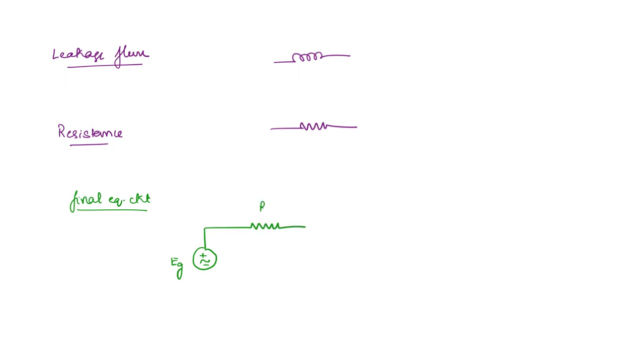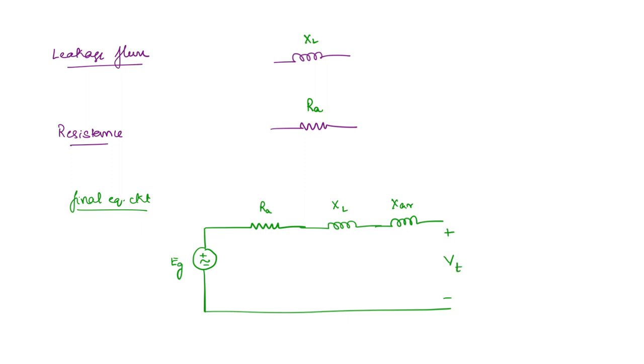You can represent it as RA, meaning the armature resistance. And next we have the leakage flux. We can write this as XL. And finally, the armature reaction XAR. Finally, this is the voltage that is available at the terminal.